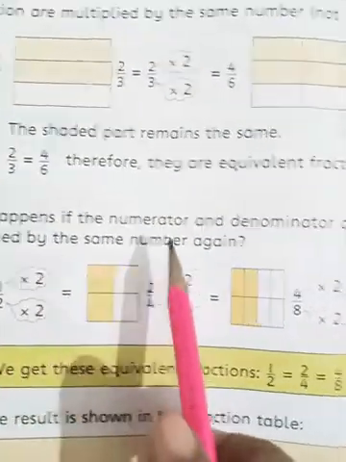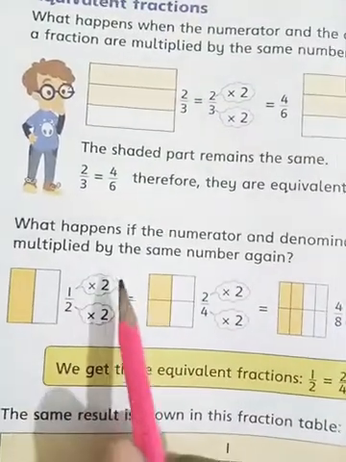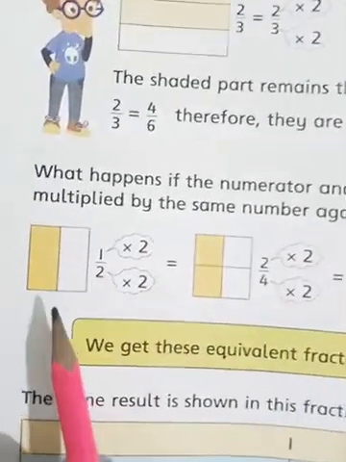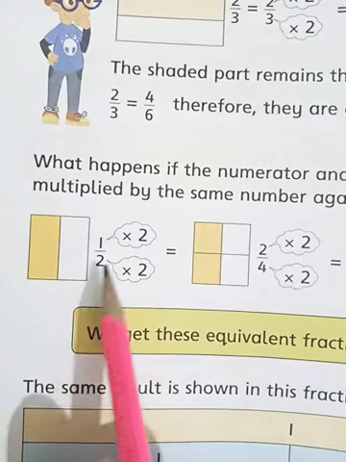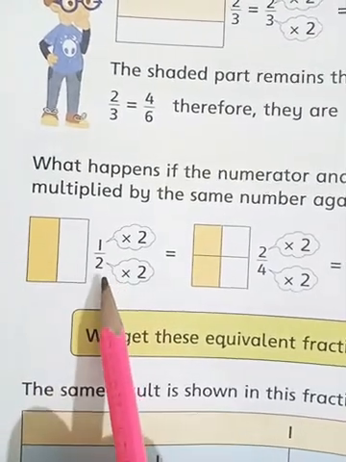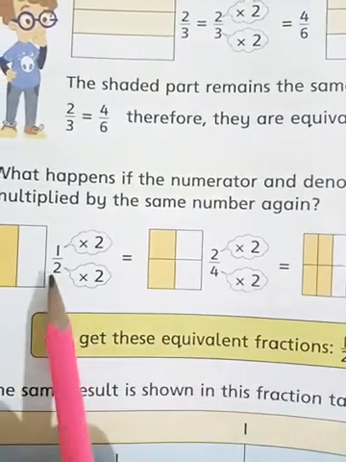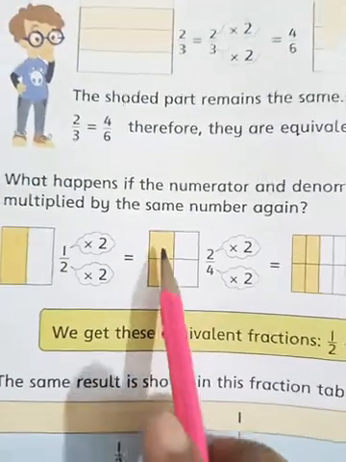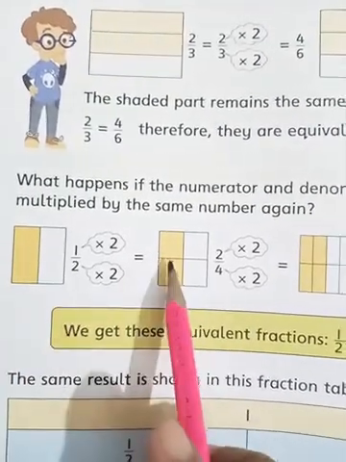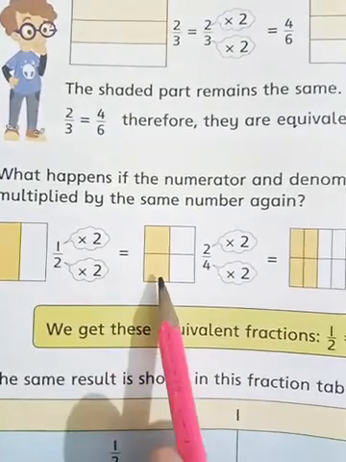What happens if the numerator and denominator are multiplied by the same number again? For example, we have 1 upon 2. We multiplied the numerator and the denominator with 2. So what do we get? 1 2s are 2, 2 2s are 4. So again we have 2 upon 4. The shaded portion remains the same.